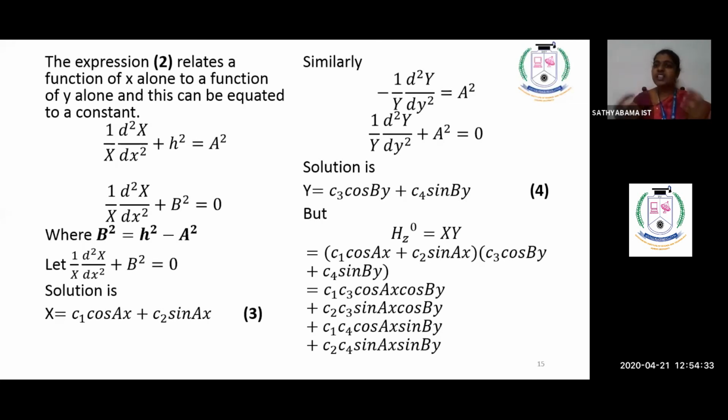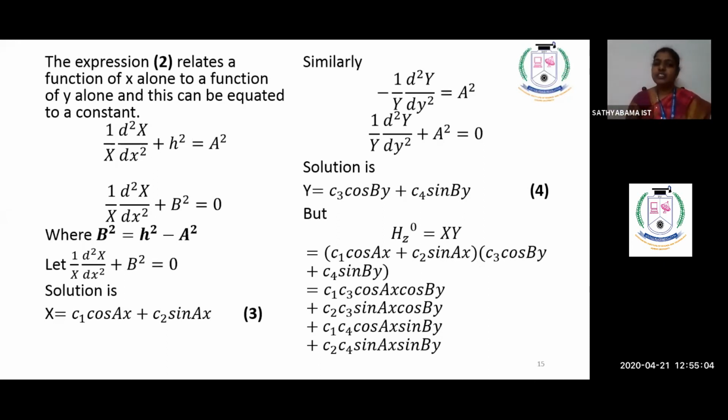So two new constants I am bringing in to split a single equation into two derivatives. Now if you see the left part, I have two equations now. That is 1 by X into dou square X by dou x square plus b square equal to 0, one separate derivative, and 1 by Y into dou square Y by dou y square equal to a square, right hand side, separate derivative. So a single equation containing two varying directions, I have separated into two separate equations so that I can write a solution. That is the main idea.